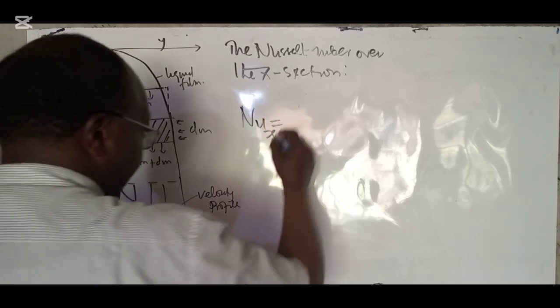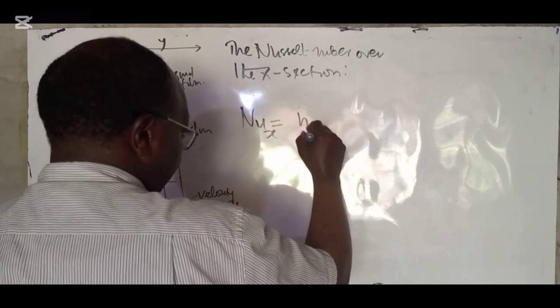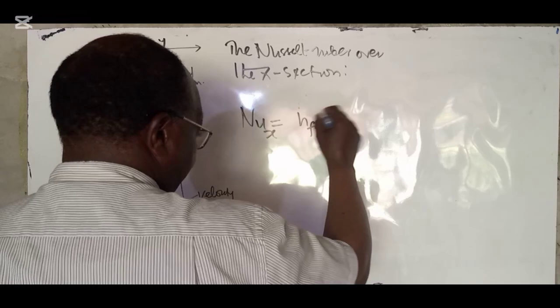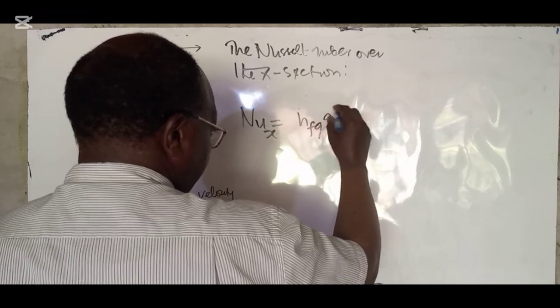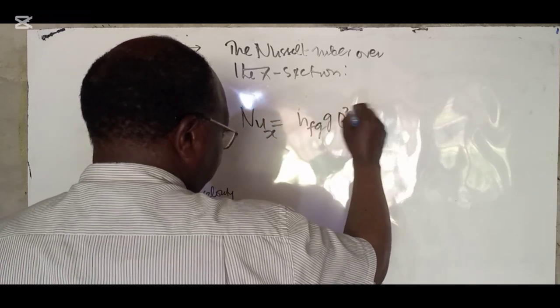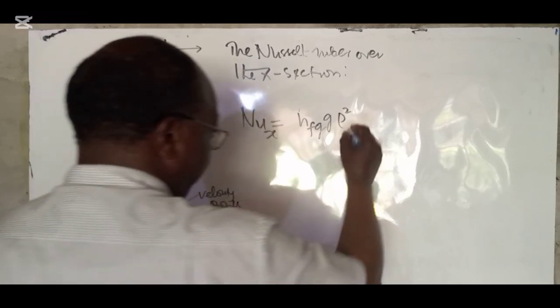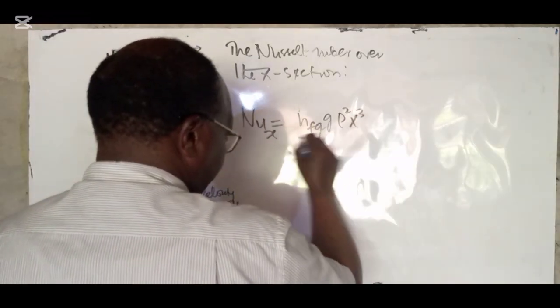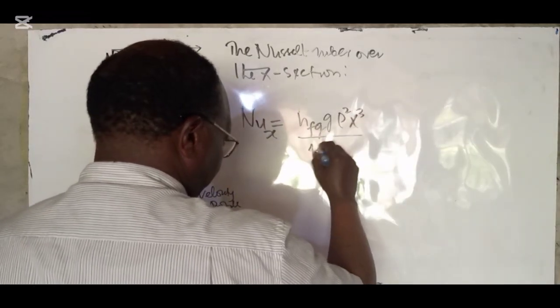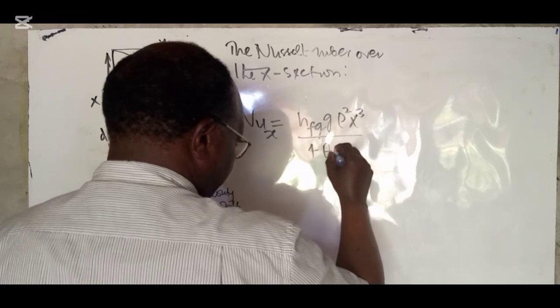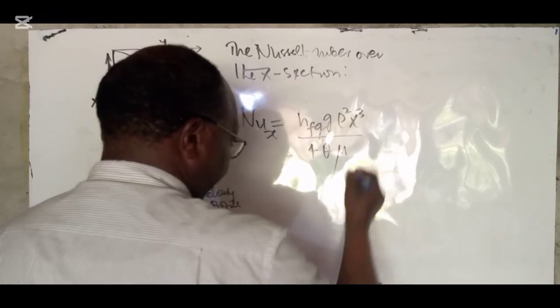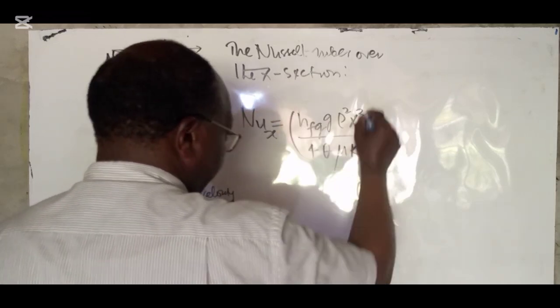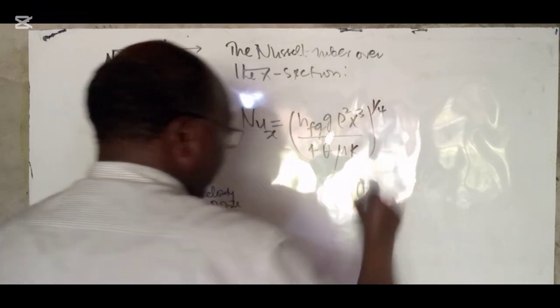And we have seen that the Nusselt for that section x, we had the enthalpy, the acceleration due to gravity, the density, the segment dimension there, the temperature, the dynamic viscosity, the thermal conductivity, all this to the fourth root.